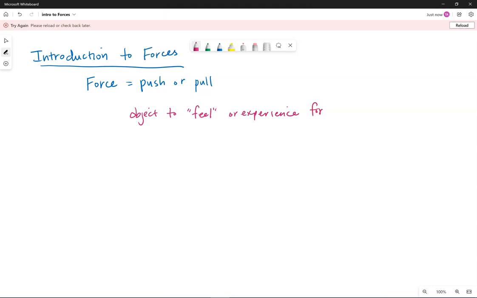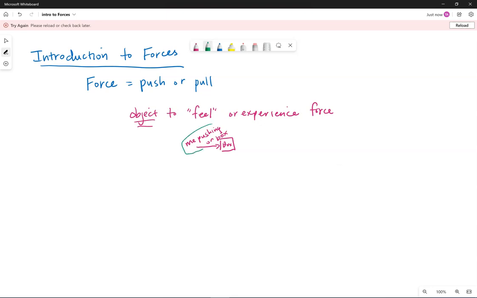So when we talk about the object, say I have a box and I'm pushing on the box. The box itself is the object that I am talking about experiencing the force. So anytime we talk about force, there needs to be some sort of object that is experiencing or feeling that force.